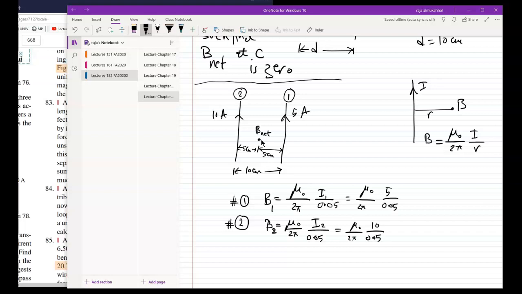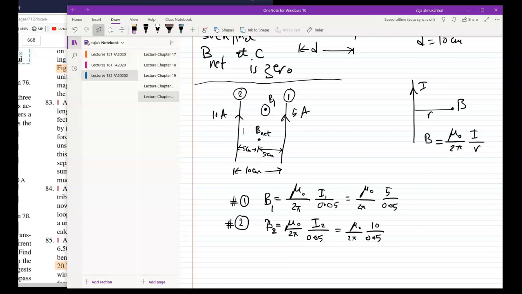Okay. Now, using the right-hand rule, what is the direction of B1 at this point right here? If you use the right-hand rule, the direction of B1 is going to be out of the page. And if you use the right-hand rule for the 10 amp here, it's going to be into the page.